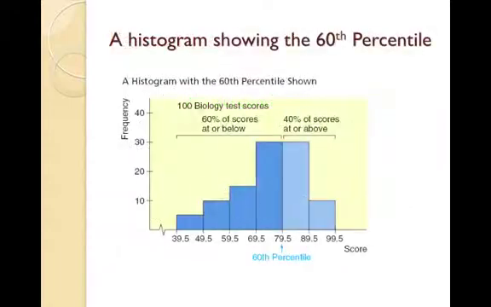All right, so here we've got the 60th percentile of a particular distribution. It's biology test scores. So the 60th percentile is 79.5. So 60% of the scores are at or below, and 40% of the scores are at or above.